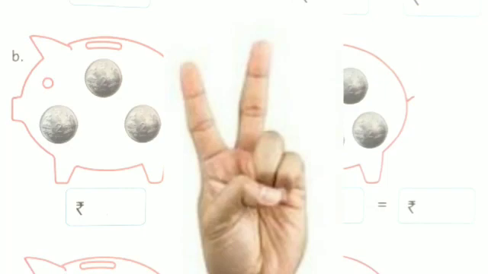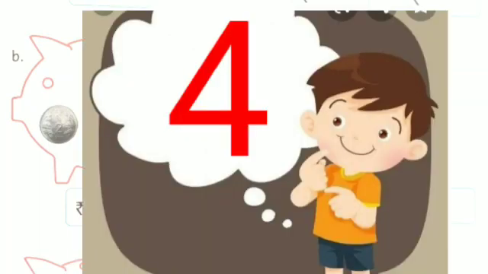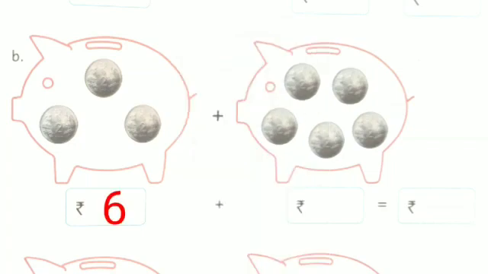Now count after 2: 3, 4. Now keep rupee 4 in your mind and open 2 more fingers. Yes, and count after 4: 5, 6. So here we write rupee 6.